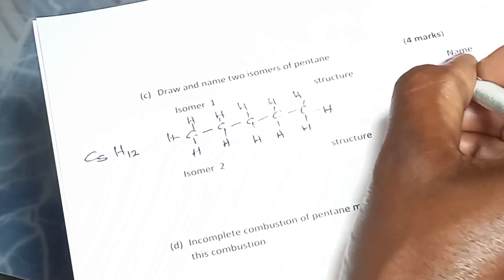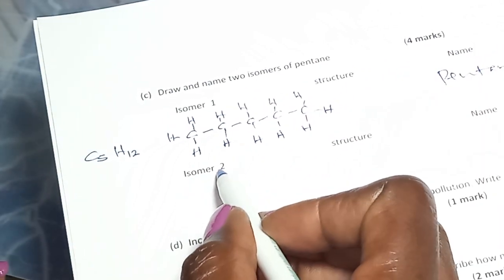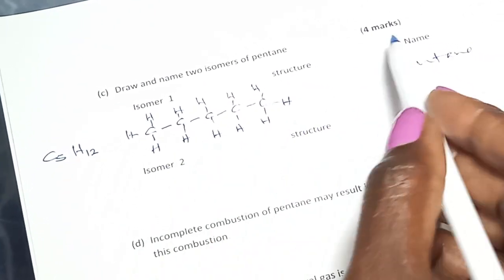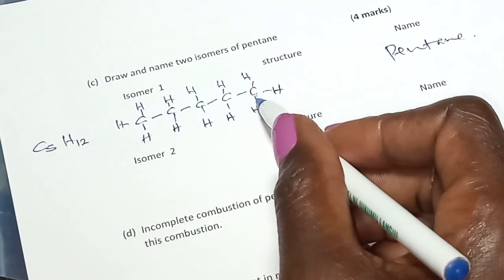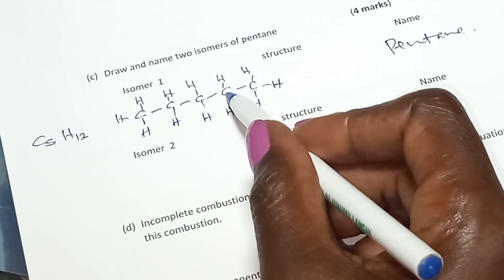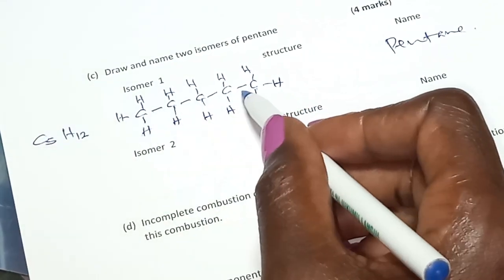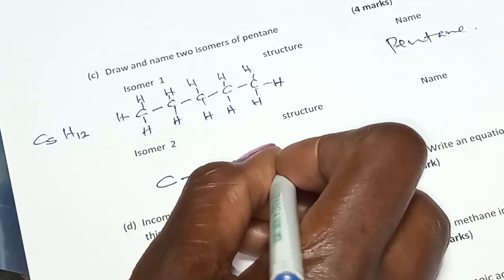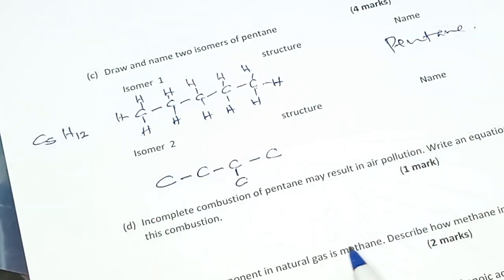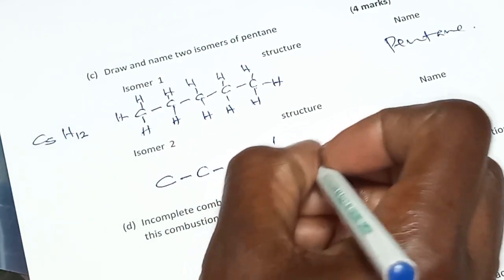So this is just pentane. The number of isomers depends on the length of the parent chain. Because you have 5 carbons, to get the next isomer you just have to shorten the length and introduce a branch. So definitely this will have fewer carbons, 4 and a branch. Then you just have to fill in the hydrogens.